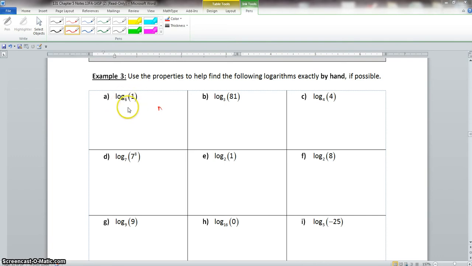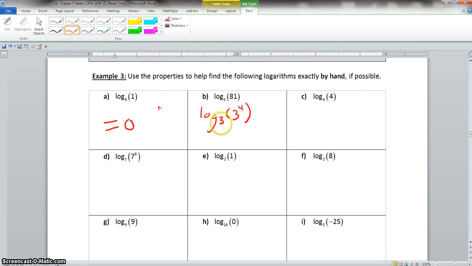Log base 6 of 1, we know based upon what we just learned, that must equal 0. Log base 3 of 81, let's change 81 to have a base of 3. So this would be log base 3, and we know an exponent that gives us 81 with a base of 3 is 3 to the 4.